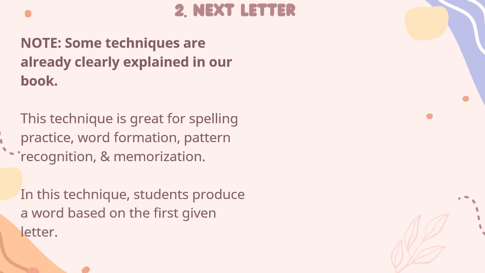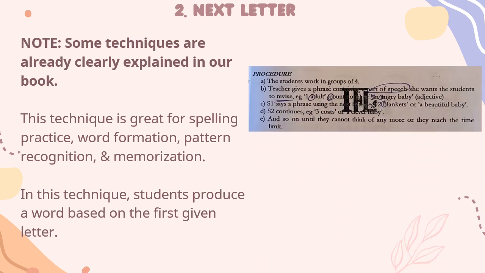Students have to produce a word that starts with a letter. Now you can put them in groups first of all to start off this technique. Then you give them a phrase that starts with the letter A, such as one adult or an angry baby.